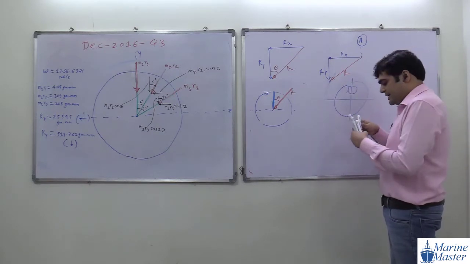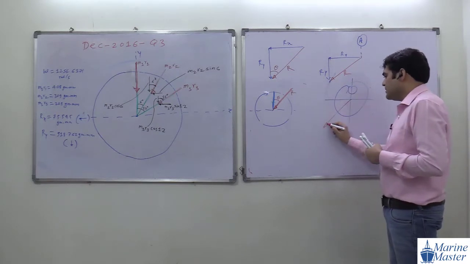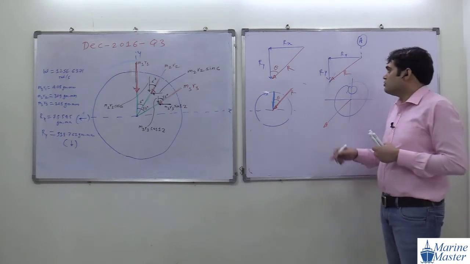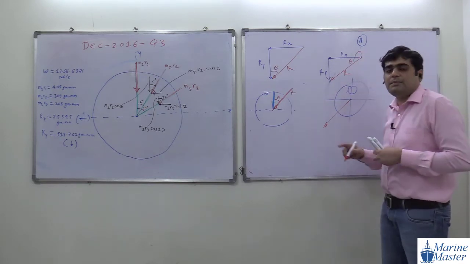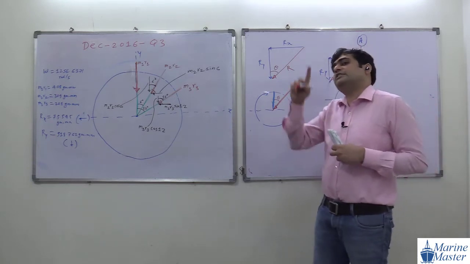Our resultant force is radially outward, so that's why we considered theta there, and then 90 plus theta is the direction of the out of balance force.